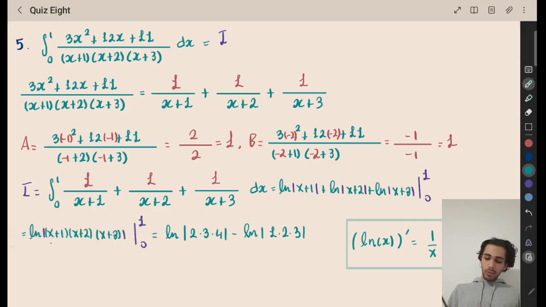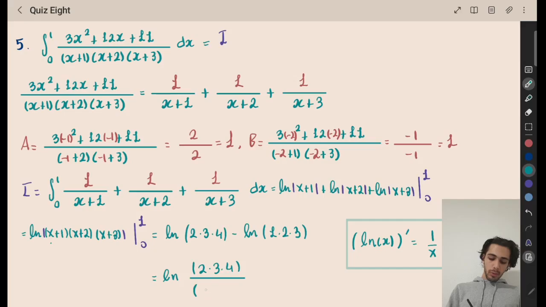Now, to simplify this even further, just by the same property of ln, if I have a minus, then I can just write it as a division of the two terms. I can write it as 2 times 3 times 4 divided by 1 times 2 times 3. Well, I can get rid of the absolute value now because these are clearly positive numbers. So that's not too bad.